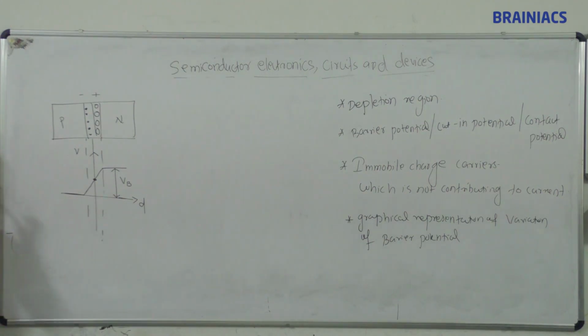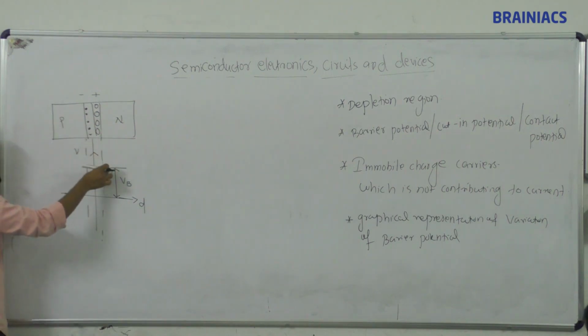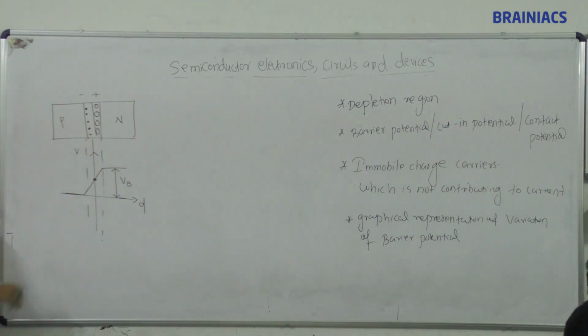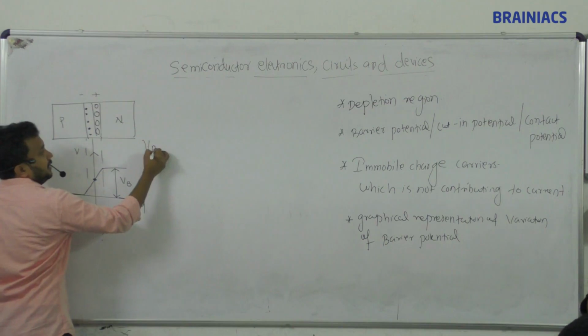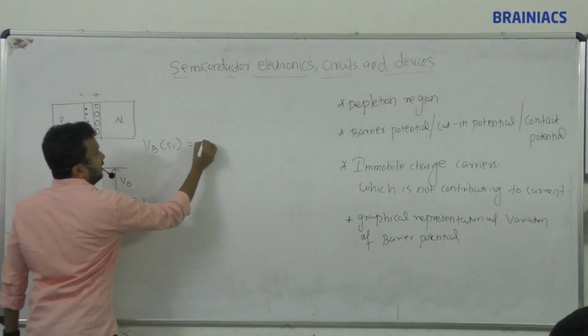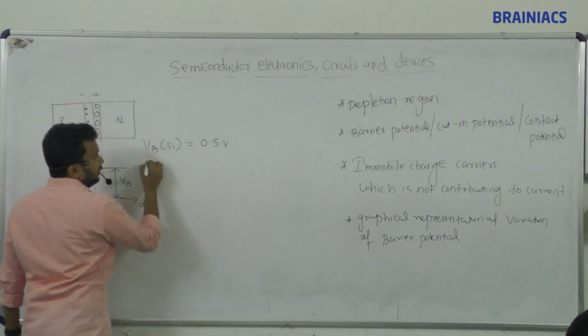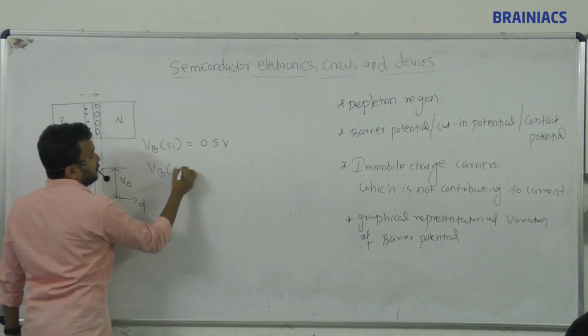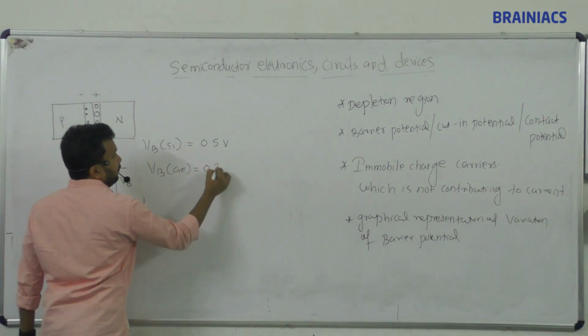This is positive, the highest voltage. That height is called barrier potential, and the barrier potential for germanium has a standard value of 0.3 volt.